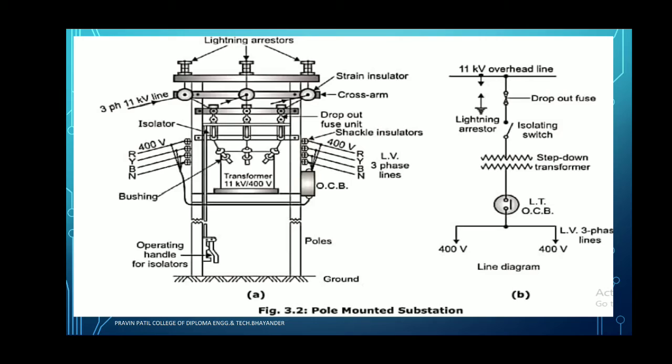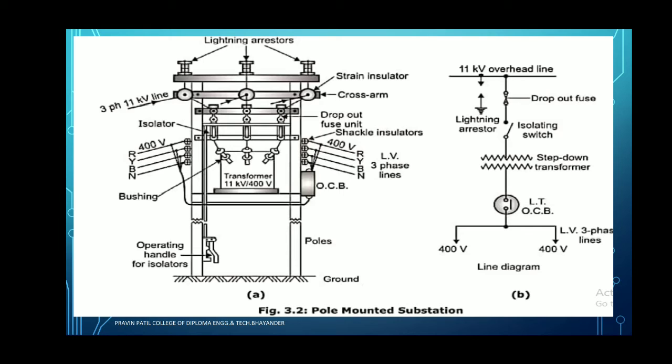Next, the step down transformer is connected. That step down transformer steps down 11 kV into 400 volt. So that 400 volt is essential for residential purposes as well as commercial applications, and it is used for the requirement of the consumer.